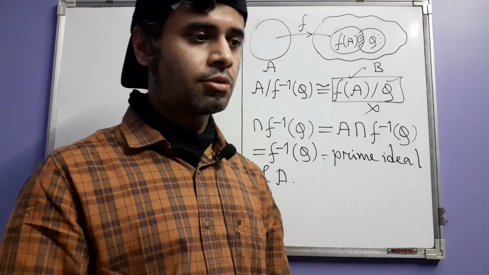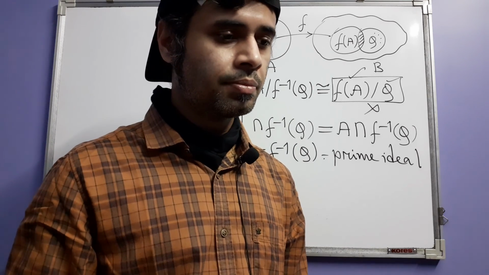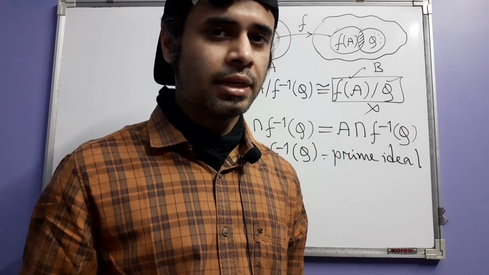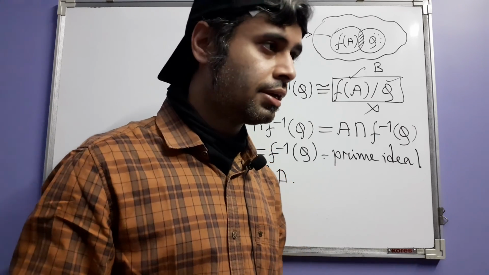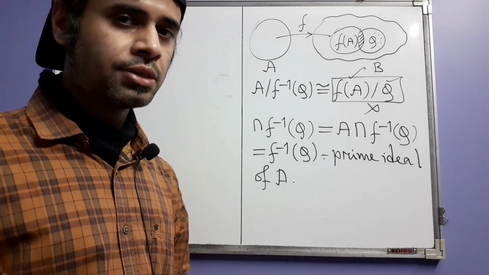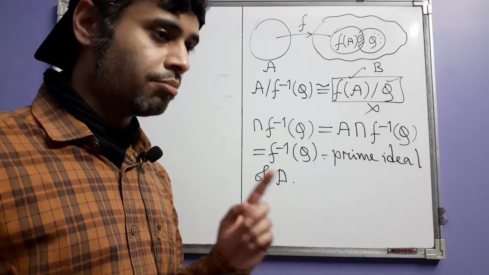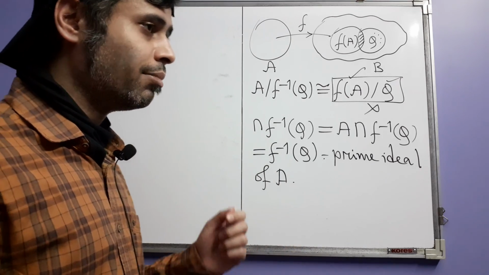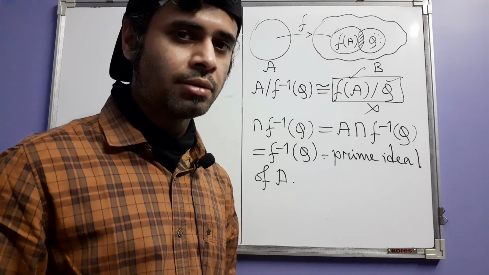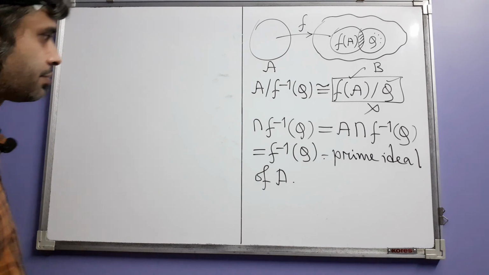But if you consider just any arbitrary ring of the type we are considering, and you find that there are no prime ideals, then that's a very bad situation. Luckily, that is never the case. Any ring that we consider which is commutative and has an identity element must have at least one maximal ideal, and we have already seen that maximal ideals are prime. So prime ideals are always there.